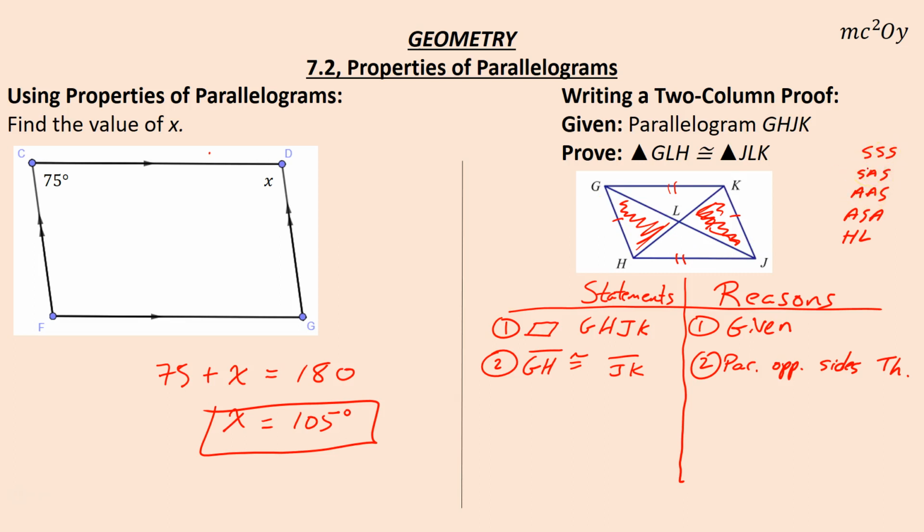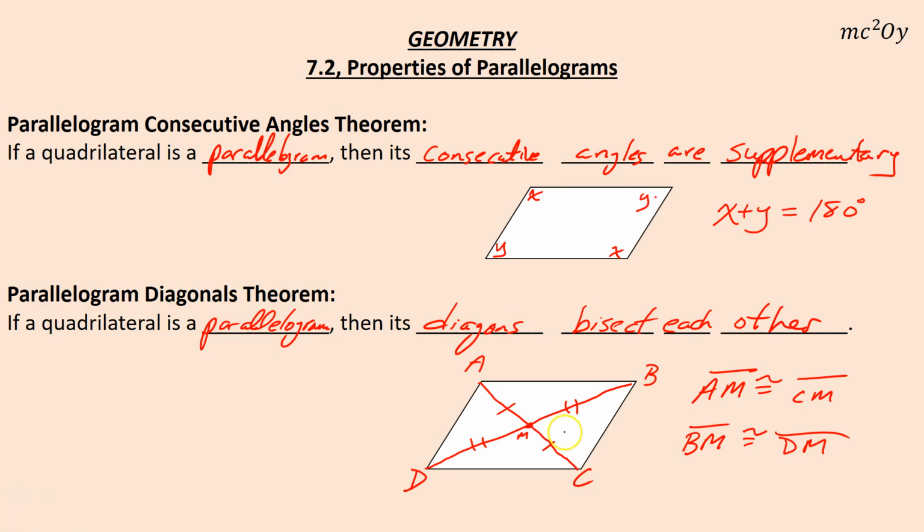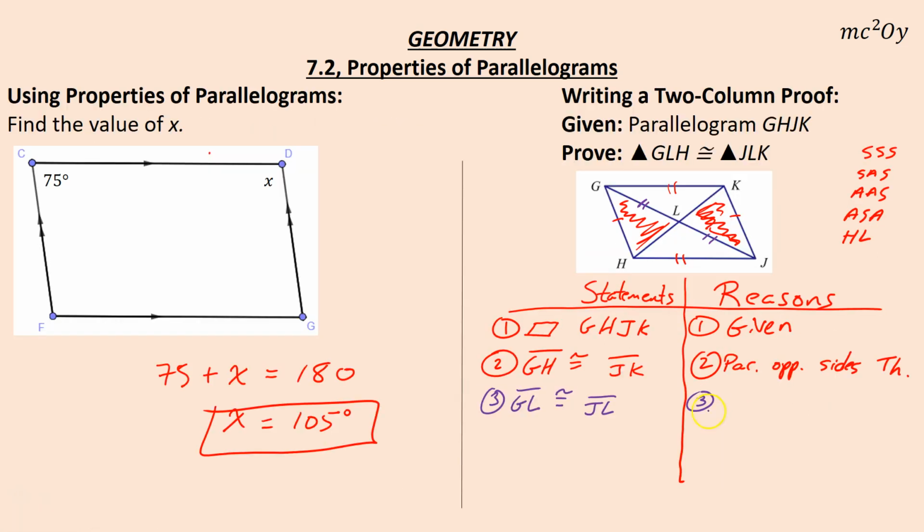And I look at this, and the first one that comes to my mind right now is saying that, and I'll use a different color here, that GL is congruent to JL, and I know that because, well, that's this theorem right here. Parallelogram diagonals theorem. Diagonals bisect each other. So parallelogram diagonals theorem. And I can also use that for HL being congruent to KL.